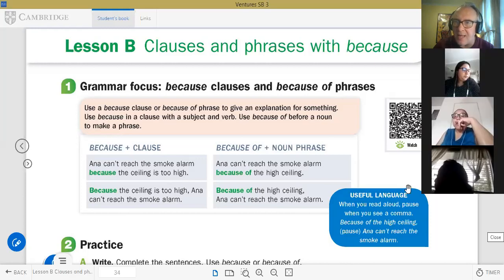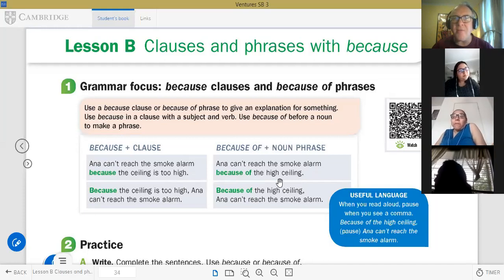That's a subject and a verb. Ceiling is too high. But on the other hand, look over here. Anna can't reach the smoke alarm because of the high ceiling. No verb, right? Here, verb, is. Here, no verb. No problem.